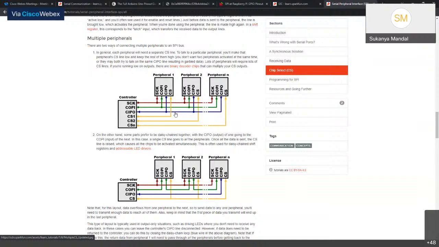And here, depending on the requirement, we are selecting the mode of communications. An example of this could be something like, let's say you have an Arduino sensor network. When I say sensor network, let's say you have multiple sensors connected to one brain, the Arduino, for example.